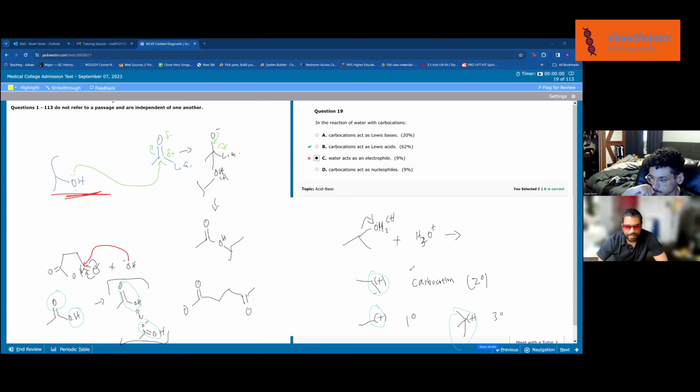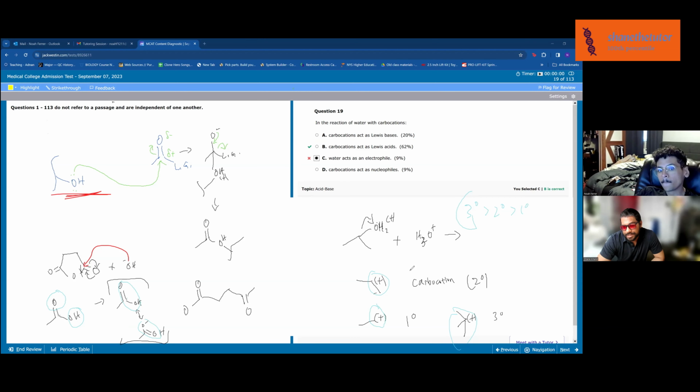And the tertiary is spread over three carbons. So in order of stability, it'll be tertiary followed by secondary followed by primary. And this is super important because you'll learn about SN1 and SN2 reactions, where SN1 would favor the tertiary structures.